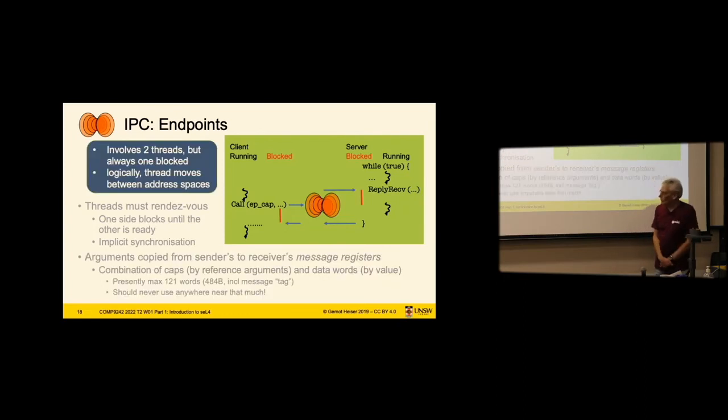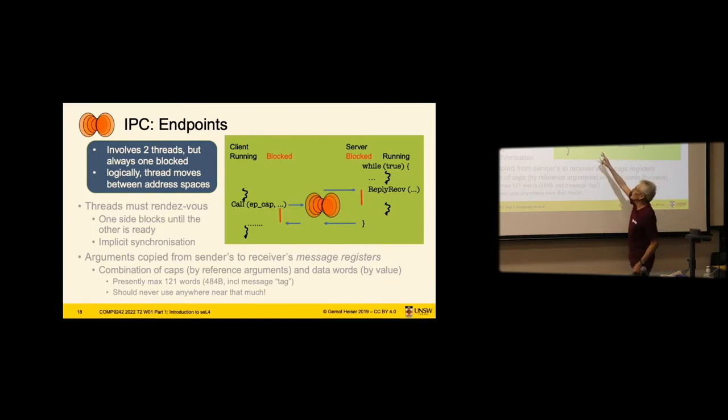So fundamentally, IPC involves two threads, a sender and a receiver. But the more logical view is actually you have a single thread that just switches the context. This basically gets closer to the notion of a function call, right?